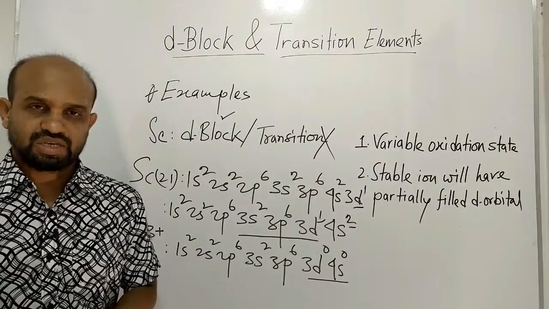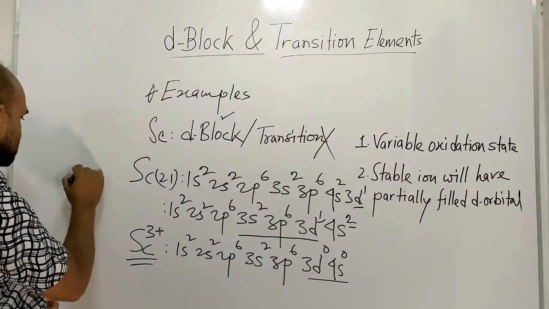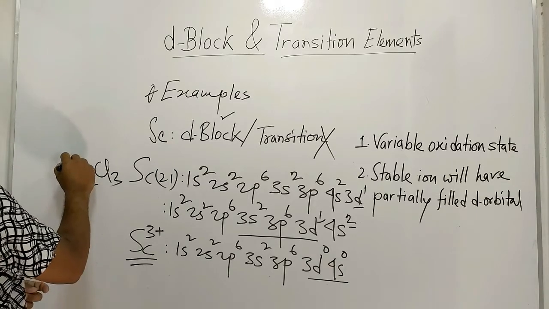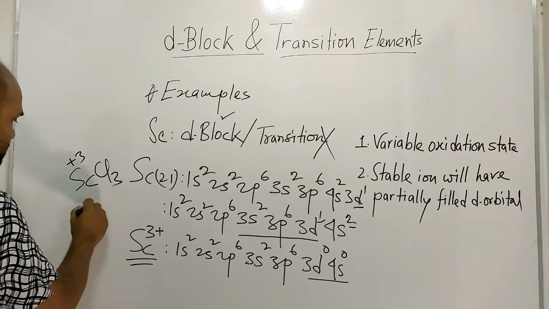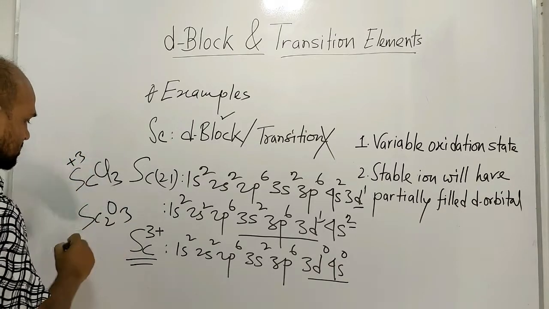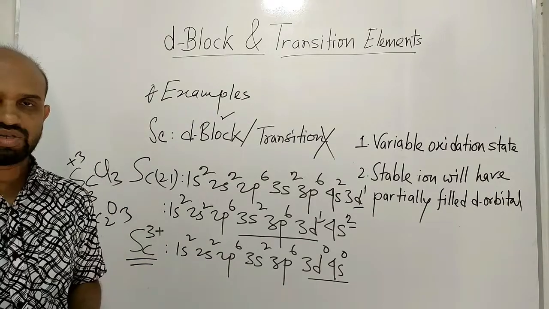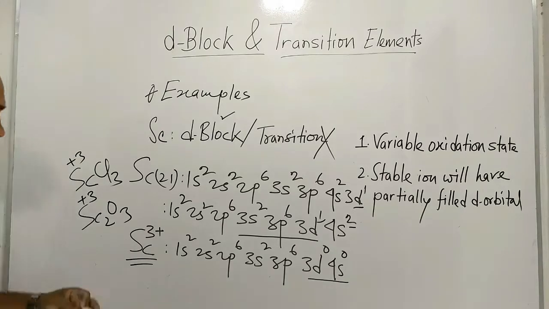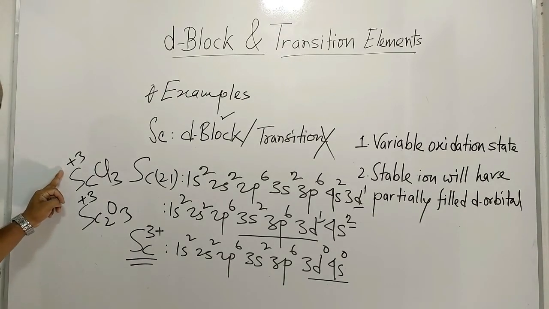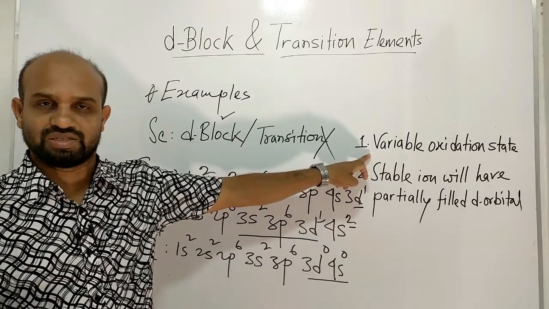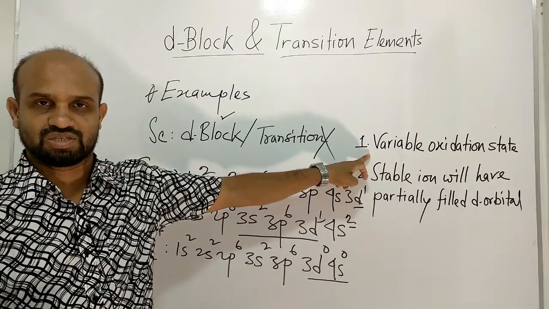Compounds of scandium 3 plus are scandium chloride, here oxidation state 3, scandium oxide, here oxidation state 3. So scandium can form compounds with oxidation state +3 only. So it cannot show variable valencies or variable oxidation state.